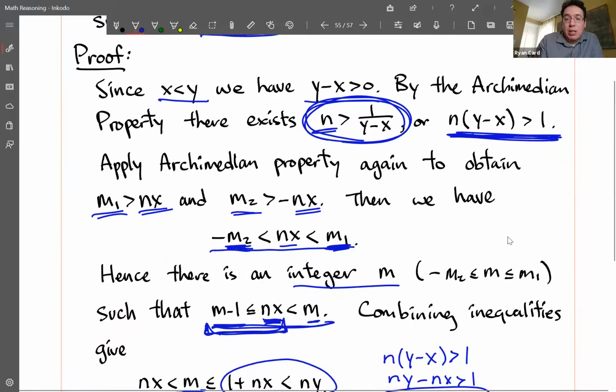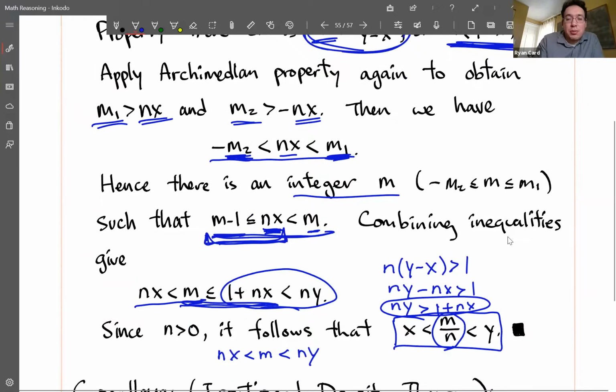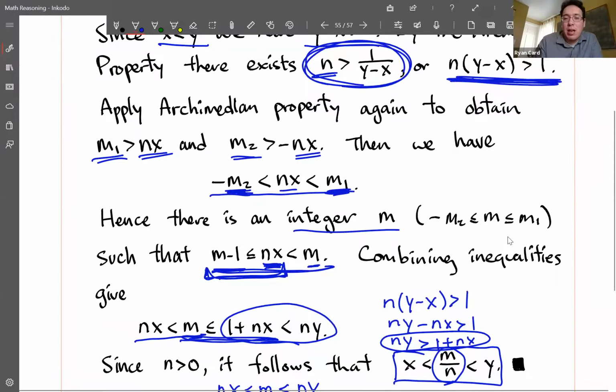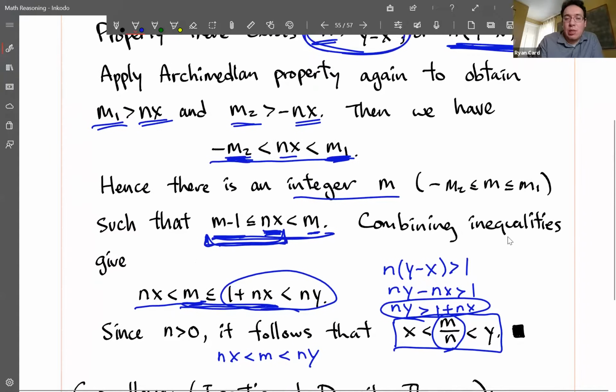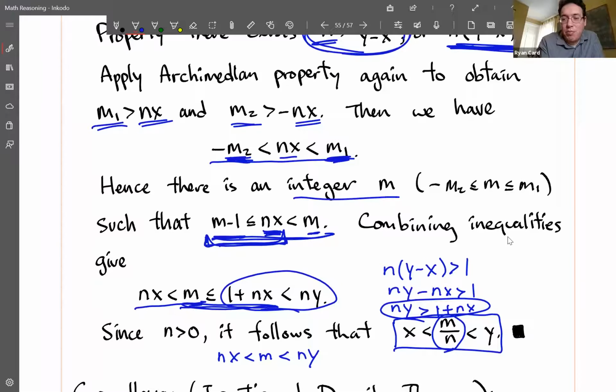When you look at this proof, it looks like a weird juggling of inequalities, and it basically is. But what it's doing is this: we have a real number line, and we have x and y. x is smaller than y.